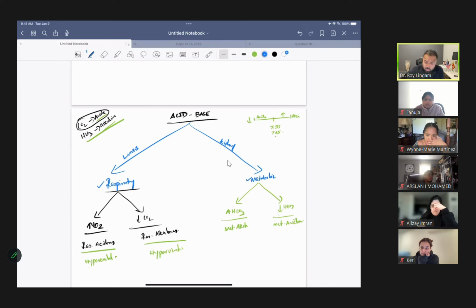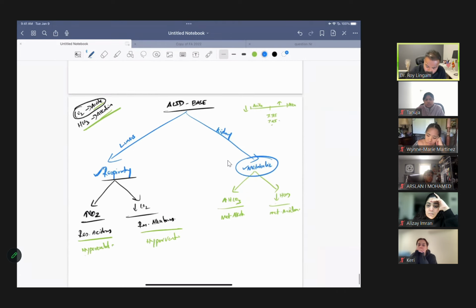So assume metabolic. Let's say, for example, metabolic is the primary problem. So the kidney is going through some hard time, and they are messing up the pH. Then your lungs will compensate for it. Is that clear, folks? So whoever the primary organ is, the other one will help compensate. If lungs is the primary, then the kidney will compensate. Is everybody clear, folks?